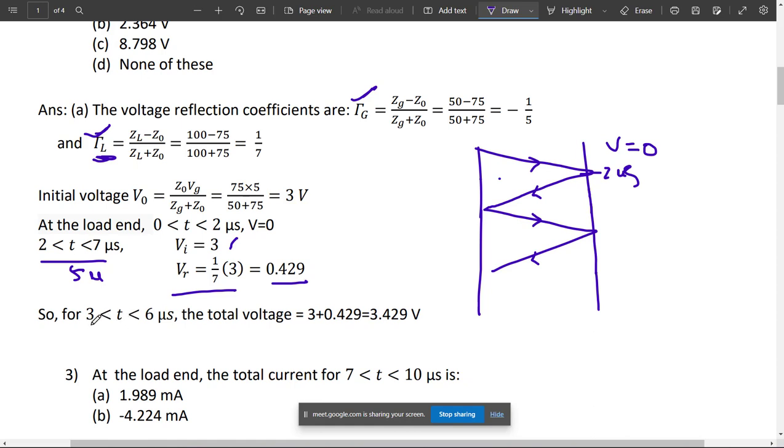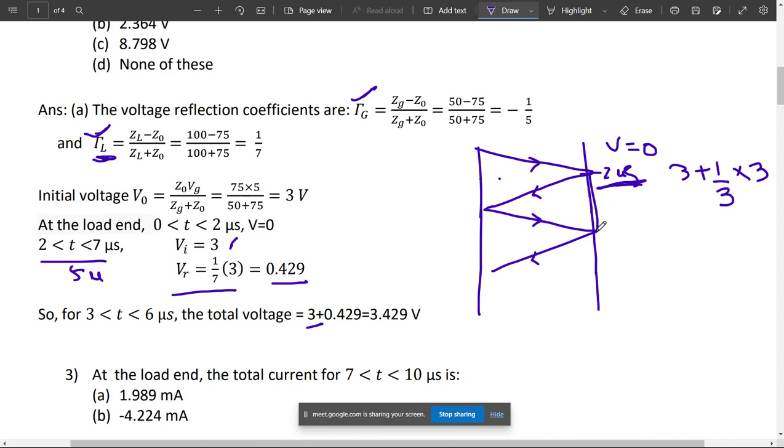So from here after 2 microseconds, that is from 3 microseconds to 6 microseconds, the total voltage will be the 3 coming plus the reflection coefficient of the load into 3, right?